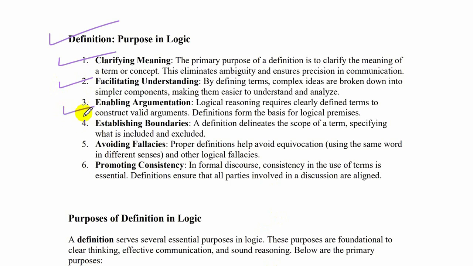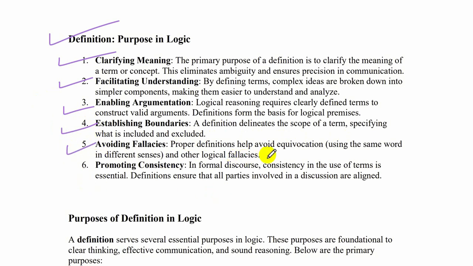Third, enabling argumentation. Logical reasoning requires clearly defined terms to construct valid arguments. Definitions form the basis for logical premises. Establishing boundaries. A definition delineates the scope of a term, specifying what is included and what is excluded. Avoiding fallacies.